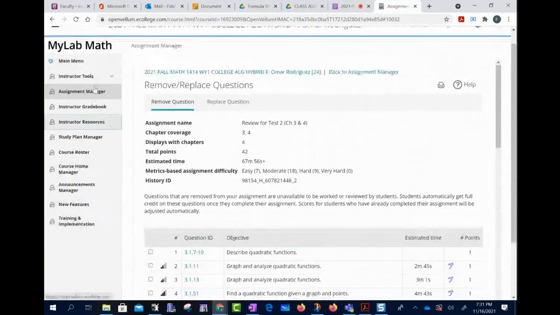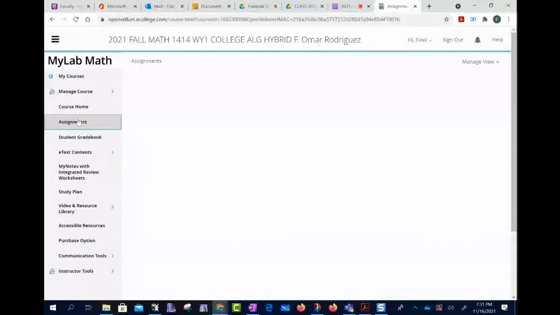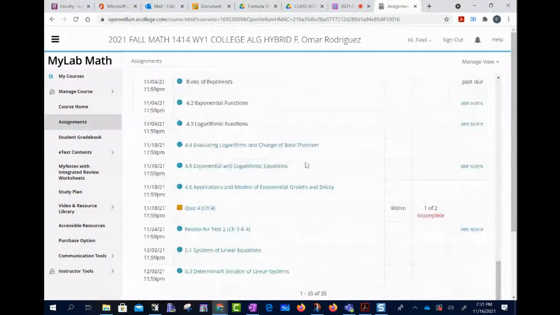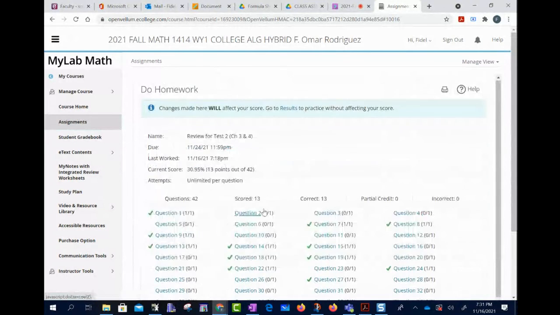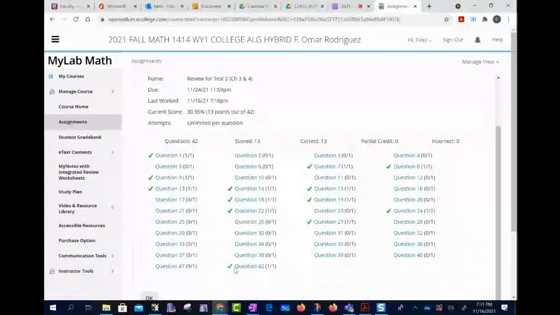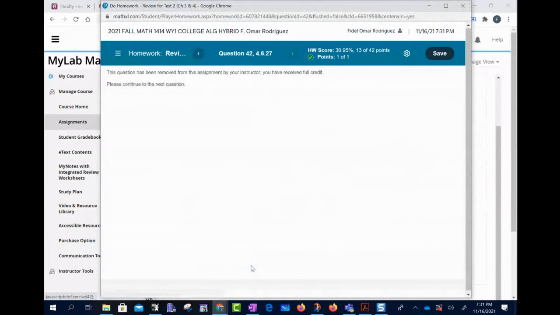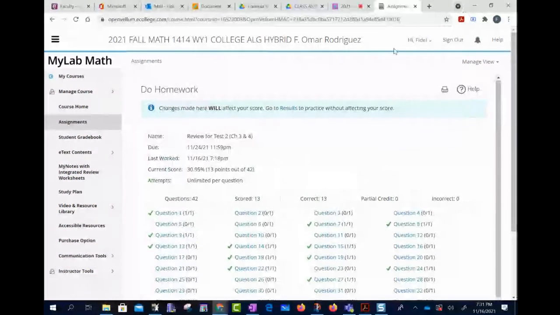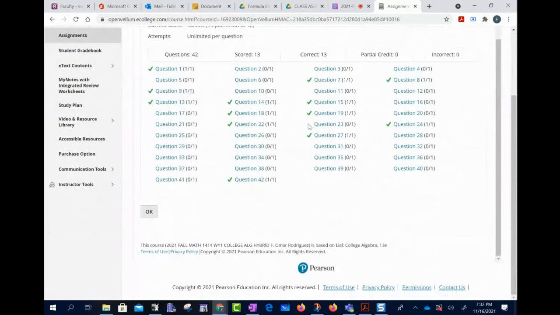And all that means now is that when I go to my assignment and click on my review, if I go to question 42, it says the question has been removed. So don't worry about 42. That question shouldn't be on there. I need to do that for my other class as well. I'm glad I saw that right now. So there are really only 41 questions on the review, and then 20 of them come from the test.